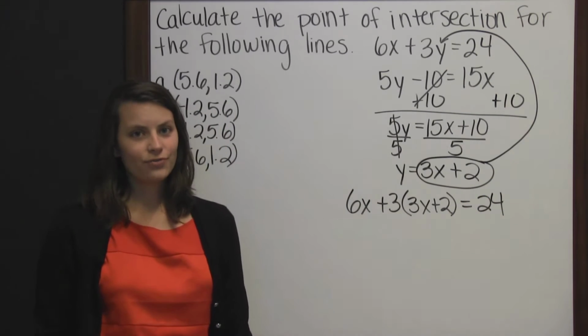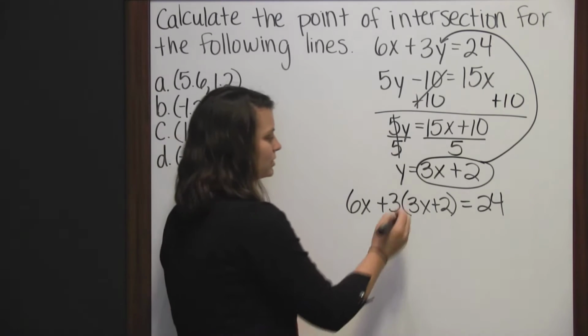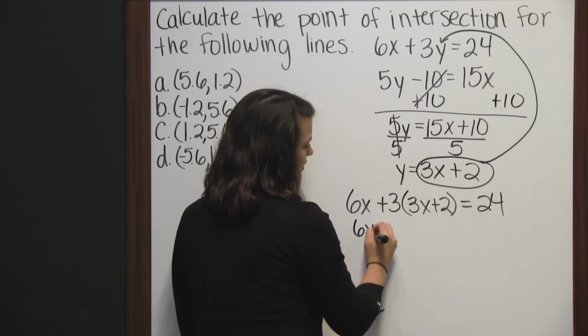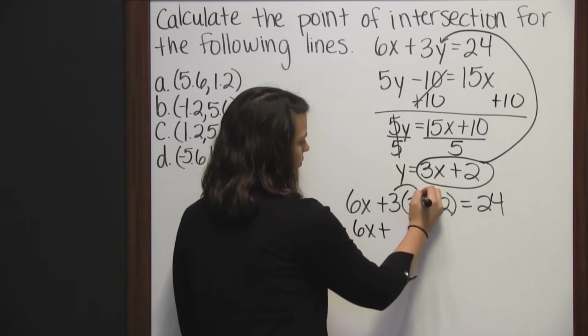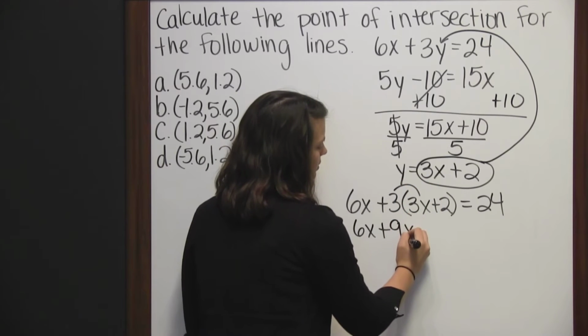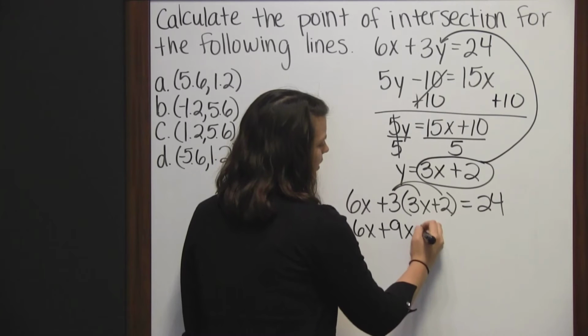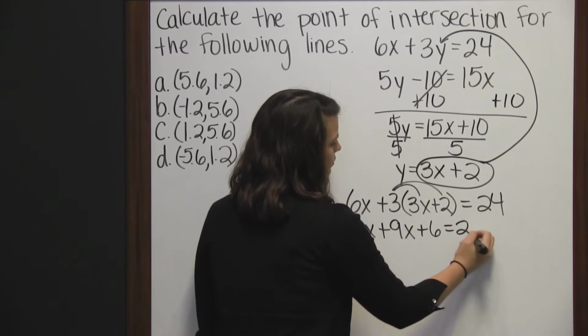And now we need to solve for x by first distributing. So 6x plus 3 times 3x is 9x. 3 times 2 is 6, so plus 6 equals 24.